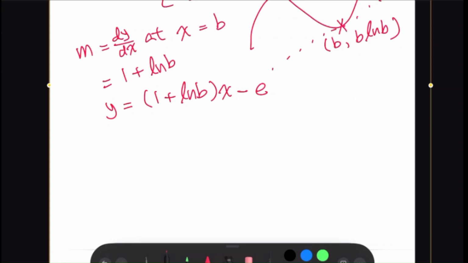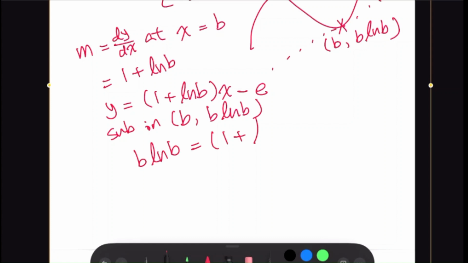And with this final bit of information, we're in the home run. We can sub in the point, b and b ln b, into this whole thing to become b ln b equals (1 plus ln b)b minus e, which becomes b plus b ln b minus e.